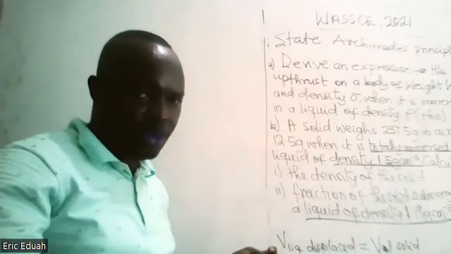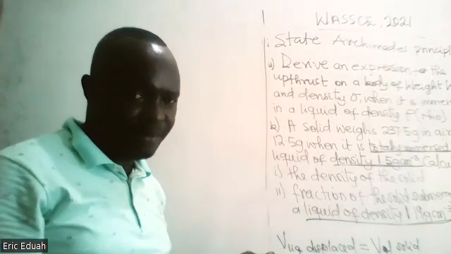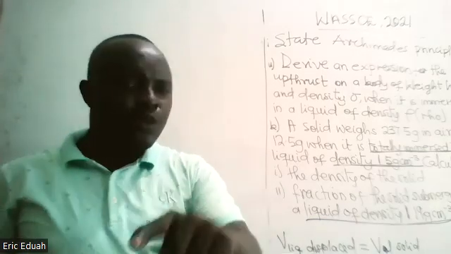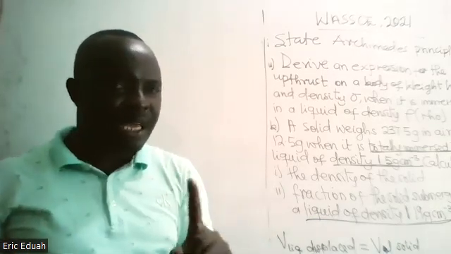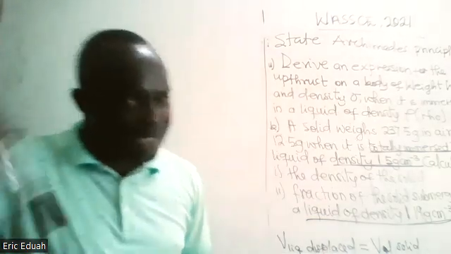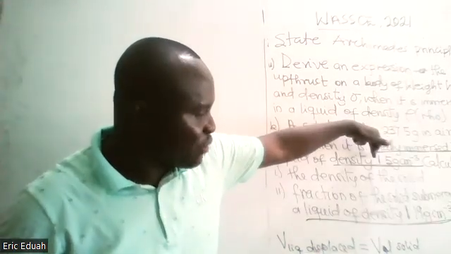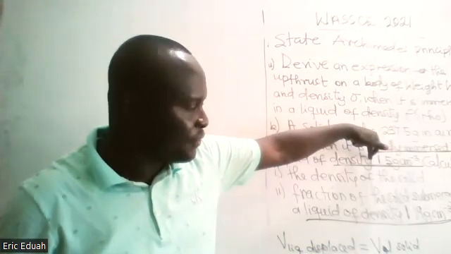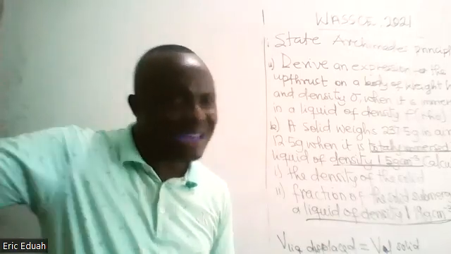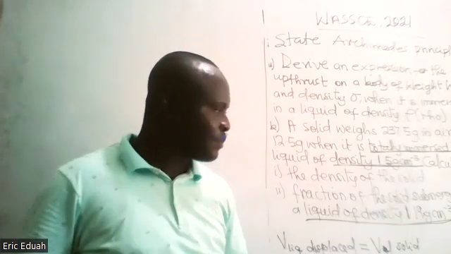Are we okay here? So if an object, the same object, is initially placed in a liquid whose density is 1.5, now the same object is in a different liquid, another liquid whose density is less than the earlier.